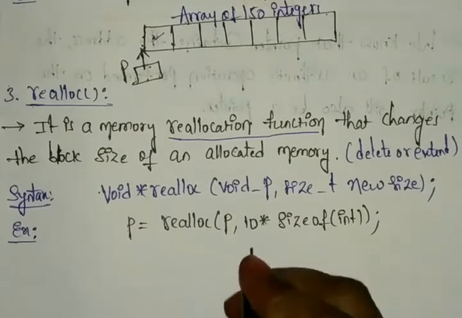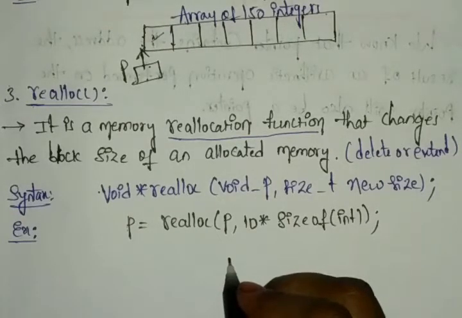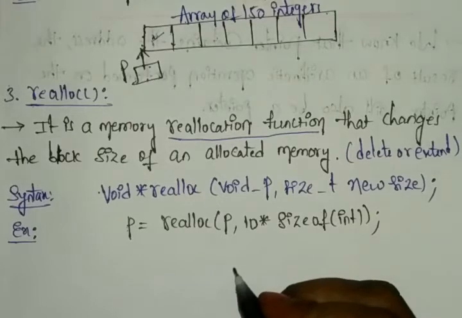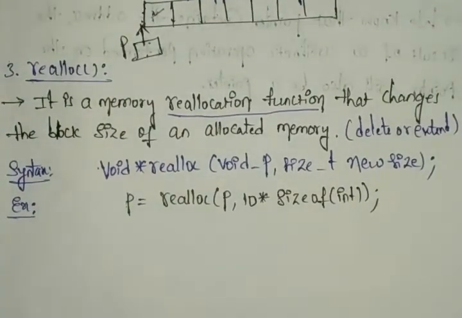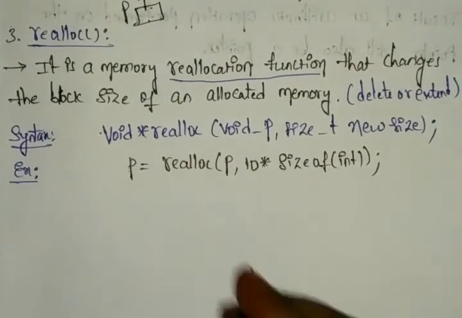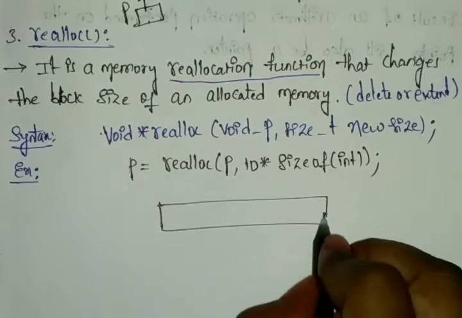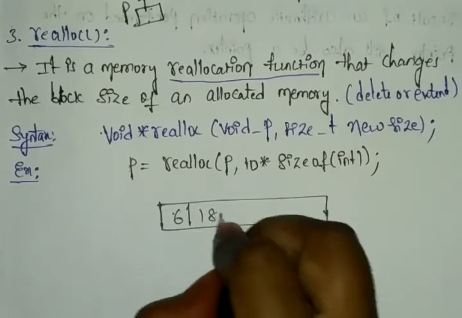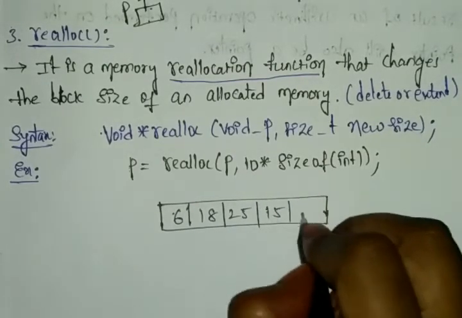The pointer p points to the existing block in memory, which has just 5 integers. For suppose, here I am taking the integers 6, 18, 25, 15, 3.